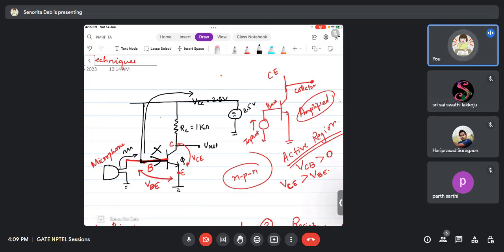So how do you bias a transistor? Biasing is nothing but putting proper DC voltages to your transistor so that it is biased in one particular region. I hope that is clear.